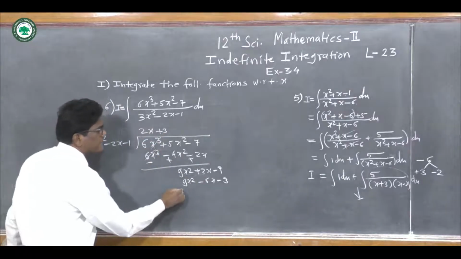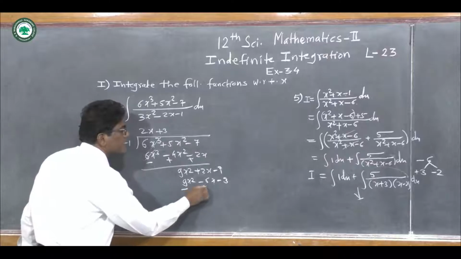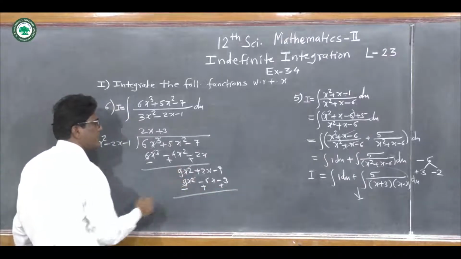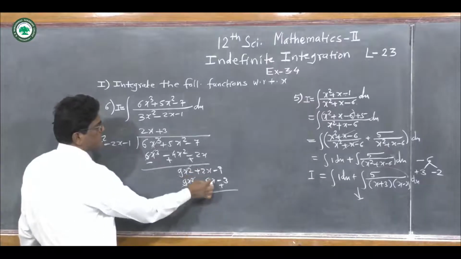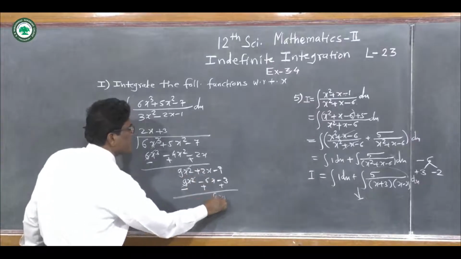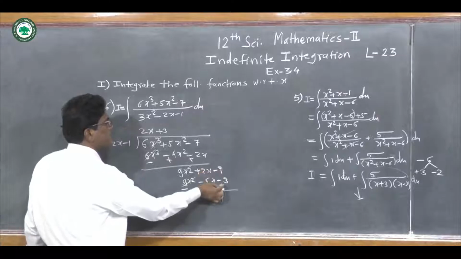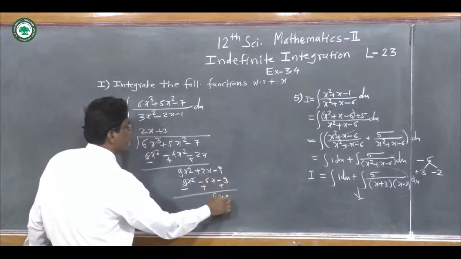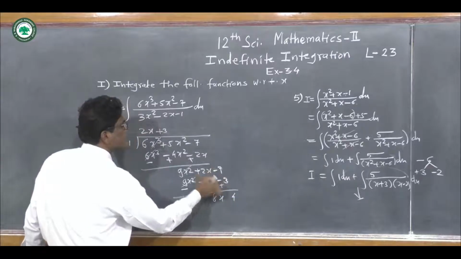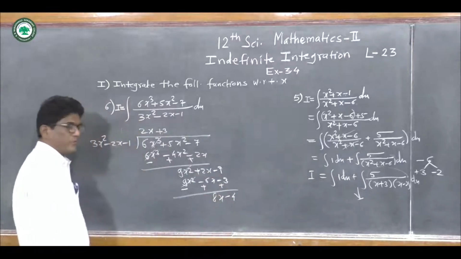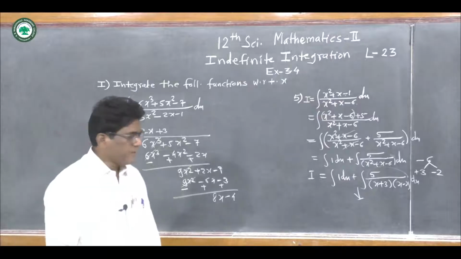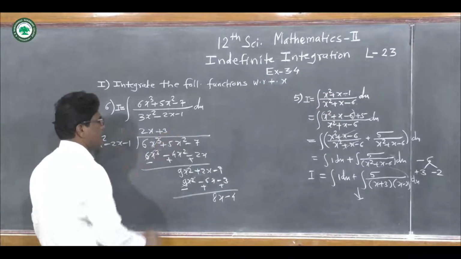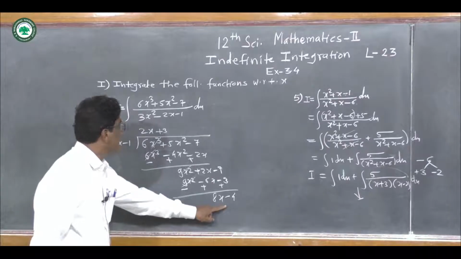Now change the sign, and the 9x square and minus 9x square get cancelled. 2x plus 6x is 8x, and minus 7 plus 3, that is minus 4. So we get 8x minus 4. So this 2x plus 3 is the quotient and this 8x minus 4 is the remainder.